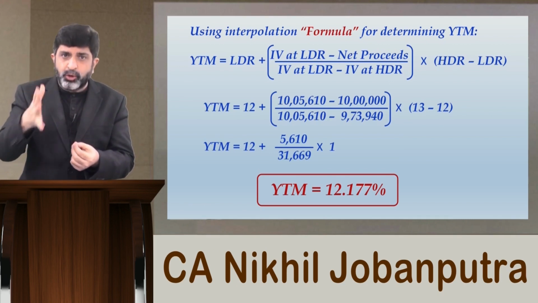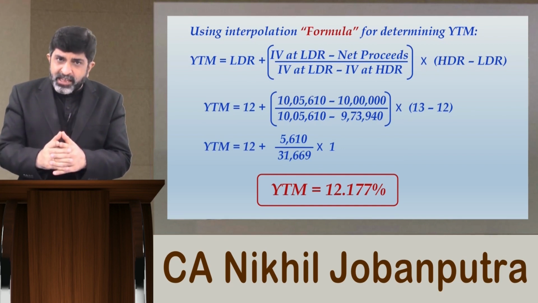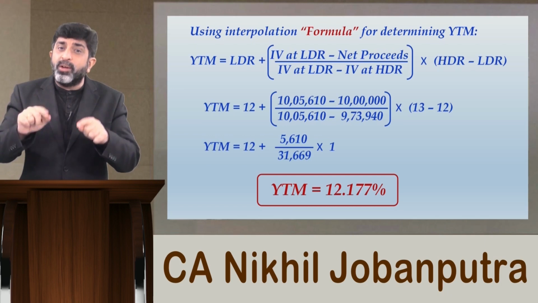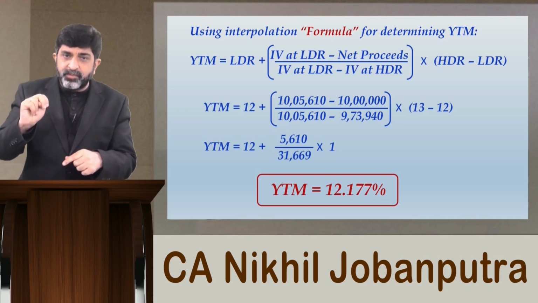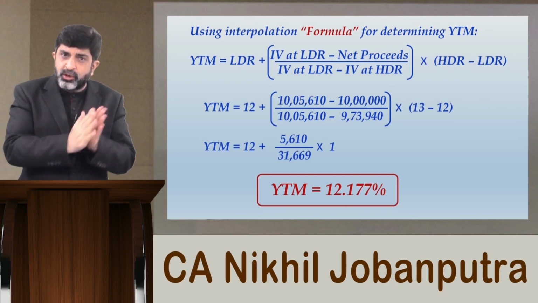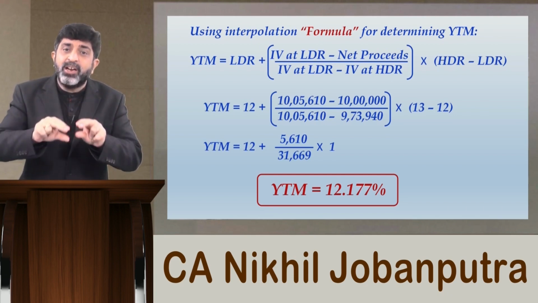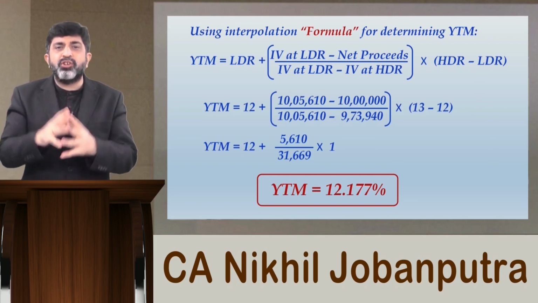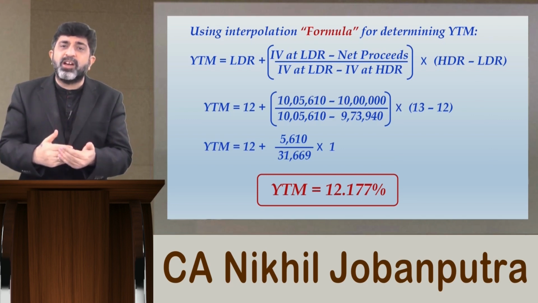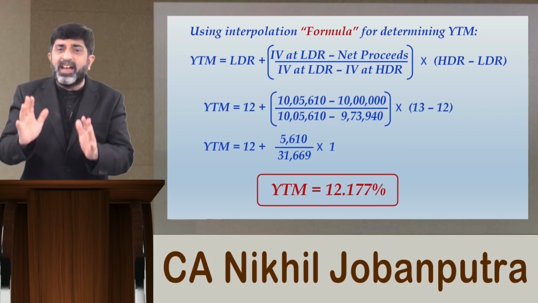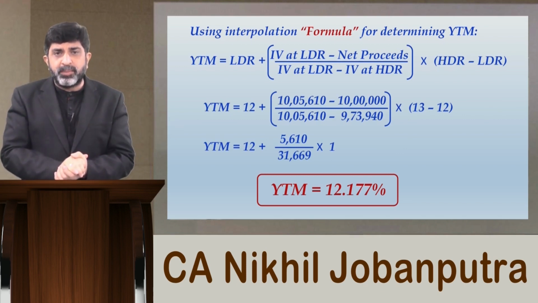Post-tax effect is yet to be given. What I was telling you, that when you are solving questions ahead, and if the question is asking both the methods, you first use approximation method, of course the better version of the formula, get the hint of the YTM and then make your trials. You will not struggle with more number of trials ever. So that is the advantage of using that approximation method.